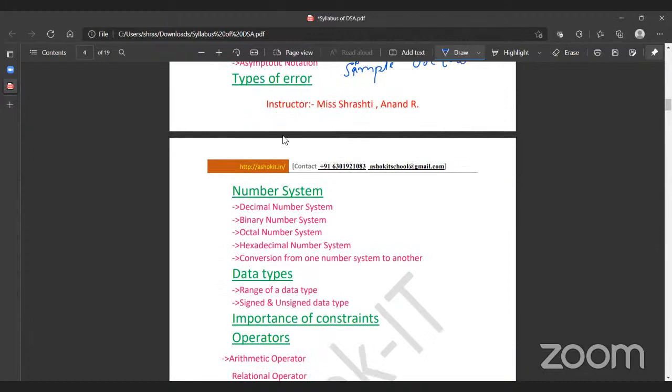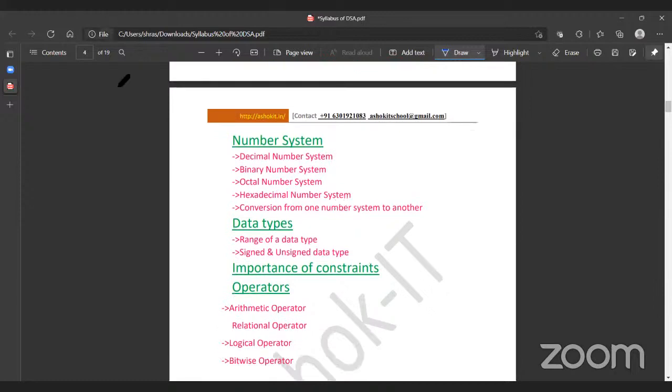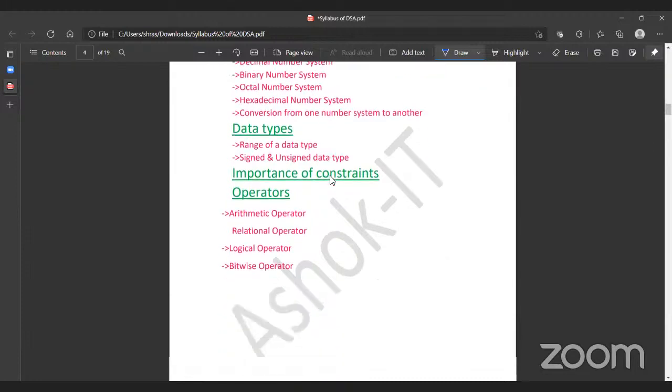We are also going to see what kind of errors you can come across while running your code. Number system, which you might be knowing or might not be knowing, so just an introduction to that.